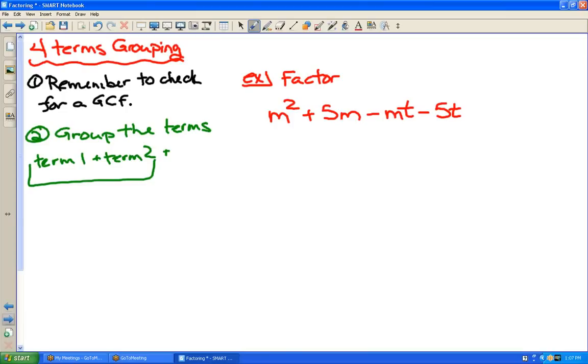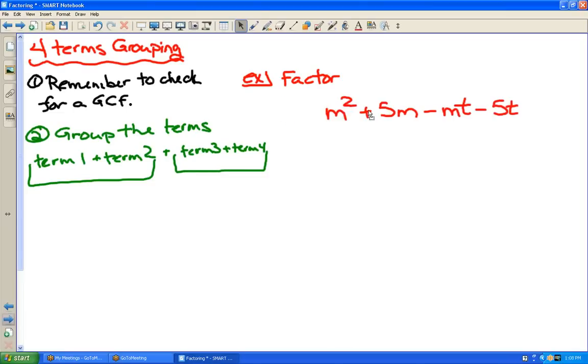I always think of positive when I'm writing notes. So, and then I worry about term 3 and term 4. Okay, so in my problem here, it's a simple thing.